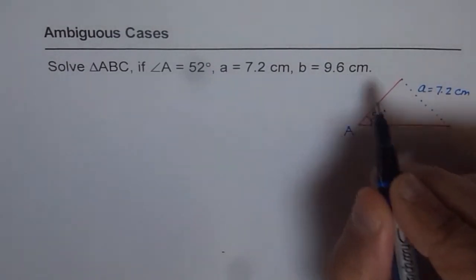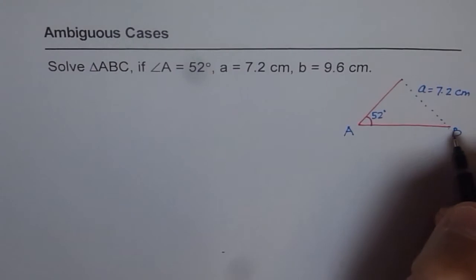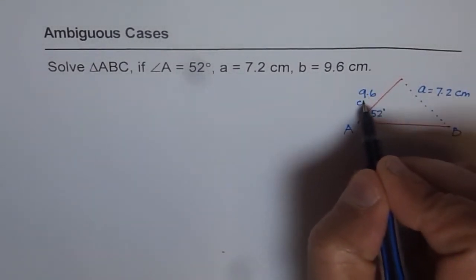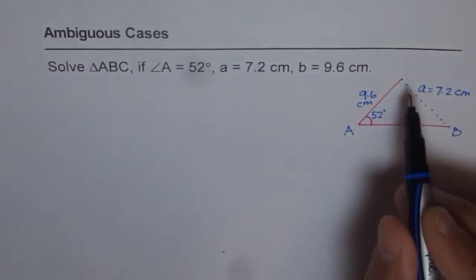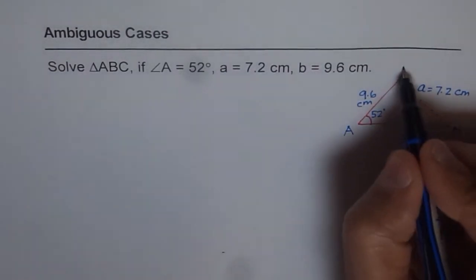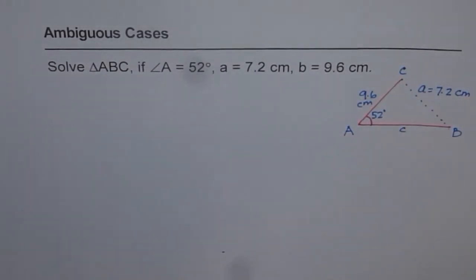Side b is 9.6. Let me call this vertex B, and the side opposite to B will be 9.6 centimeters. Now, if this triangle is formed, we need to find angle C and side c, along with angle B. Once we find all that, we say we have solved the triangle.